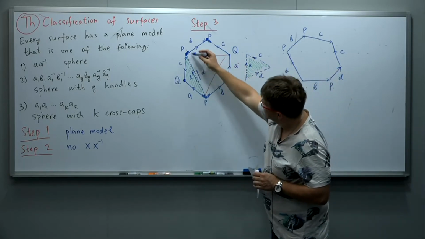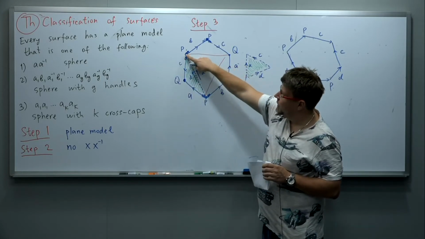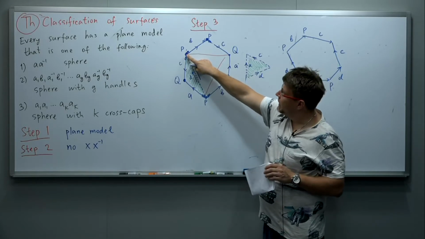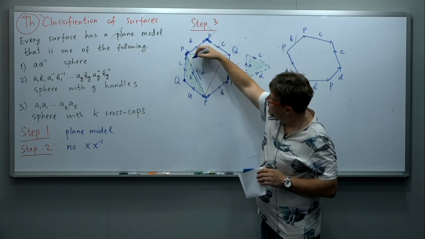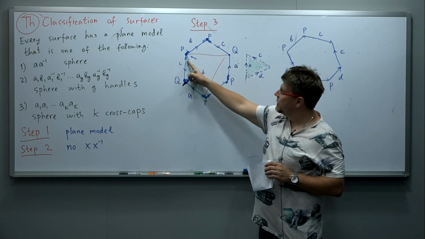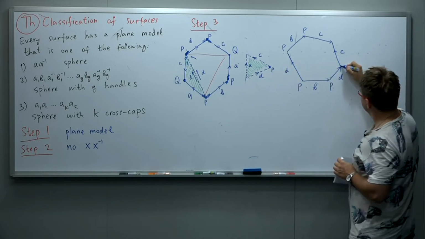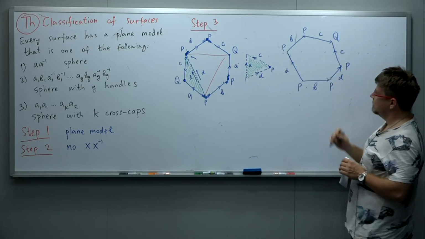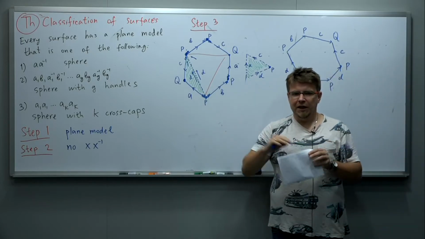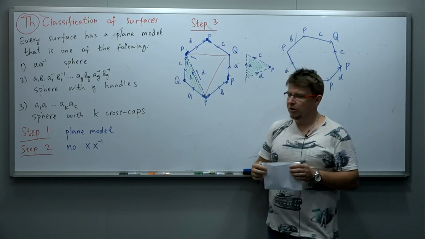So notice that when we move this triangle here, this one copy of P multiplies and becomes two copies of P. One remains here, from this side. Another one that is on this triangle moves here, and this is also a P. So this is P and this is Q. By doing this operation, we increase the number of copies of P and decrease the number of copies of Q.